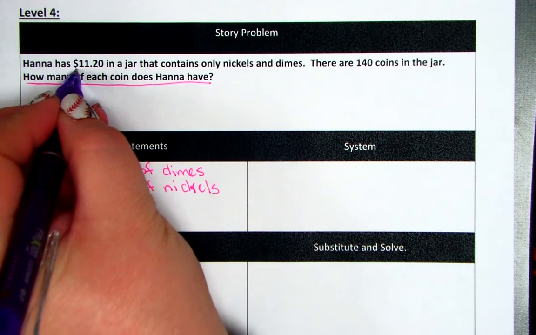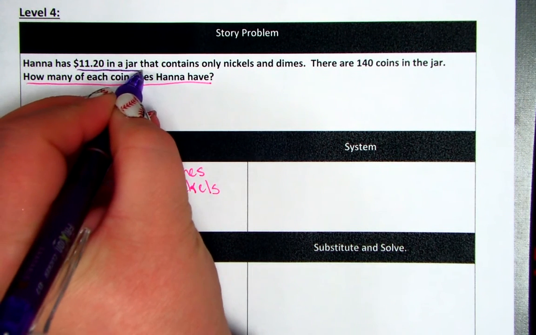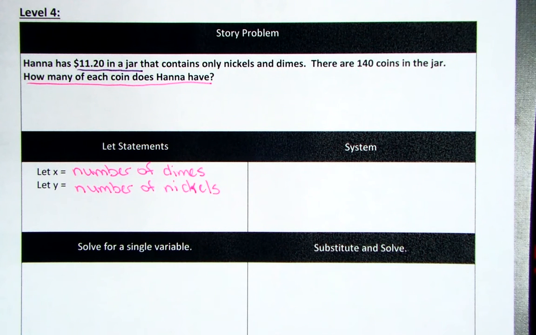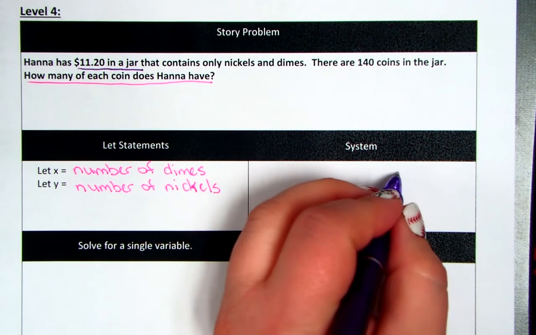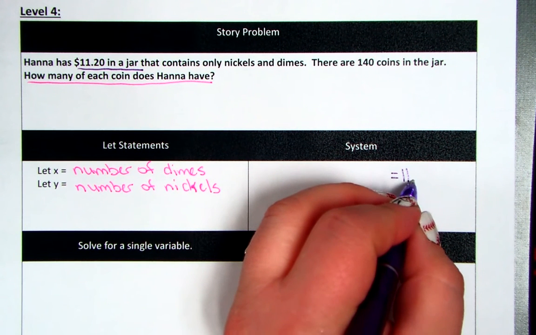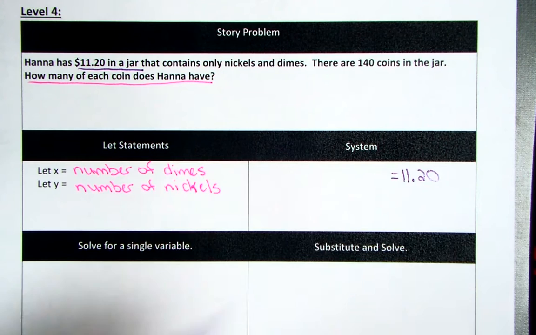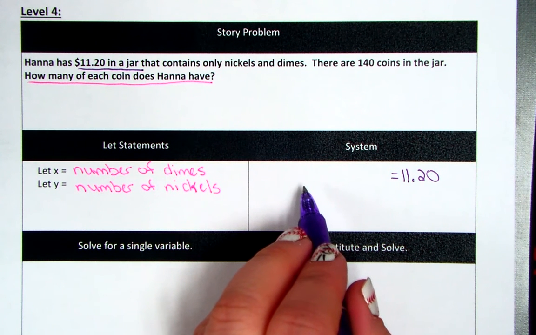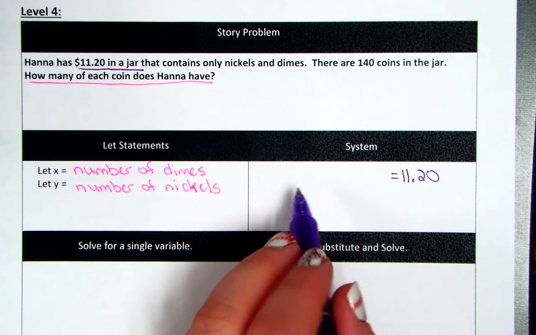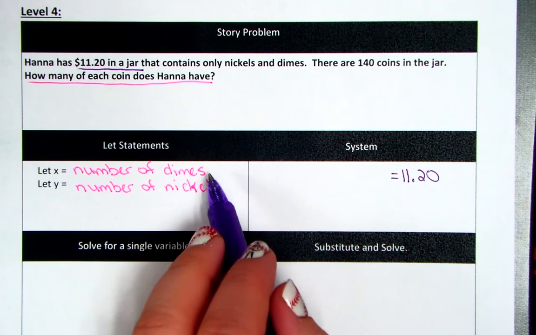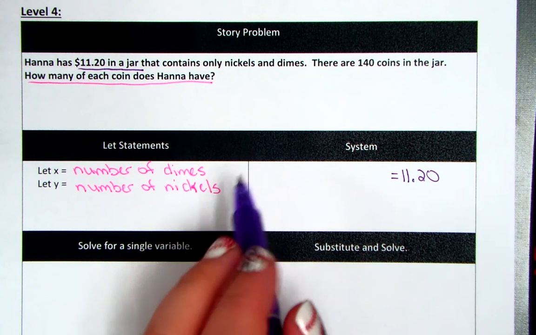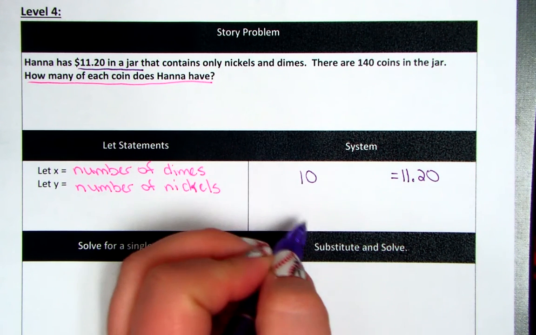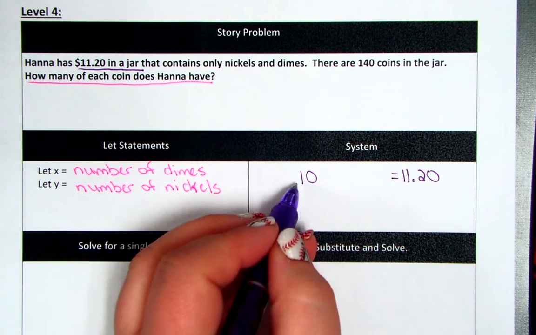She has $11.20 in a jar. So that means that I have an equation that equals $11.20. On the left side of the equation, we have to put a little thought into it because it didn't come right out and say it, but we know that dimes are worth 10 cents. Now we can't just write 10, we have to make it 10 cents.